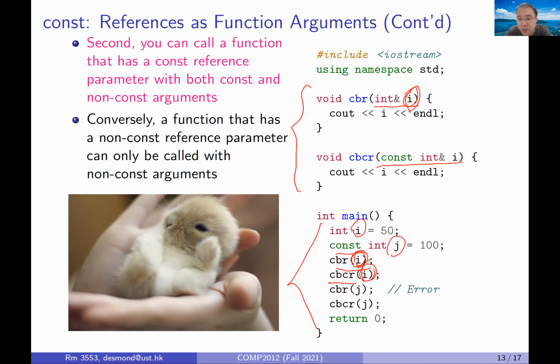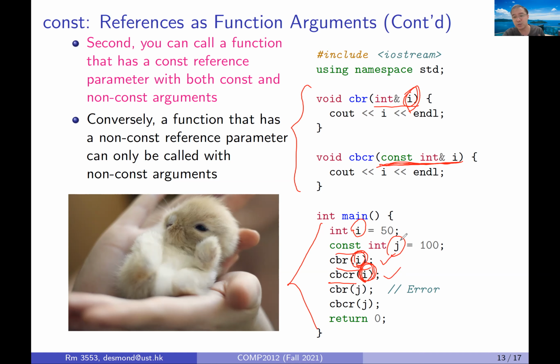Can we pass something non-const to const? Yes. Why? We increase the level of protection from non-const to const. Better protection. Yes. Why not? So this is okay. This is okay.